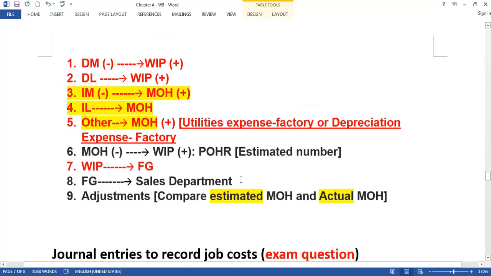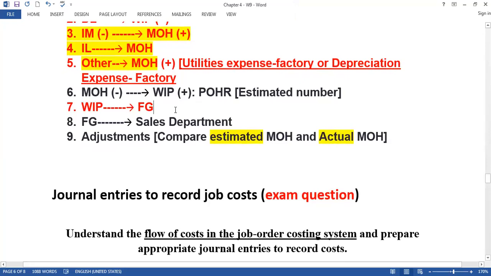Now after transfer to finished goods, that means ready to use or ready to sell, it is 100% completed. Okay, it is 100% completed and ready to sell, right? Now finished goods transfer to the sales department.